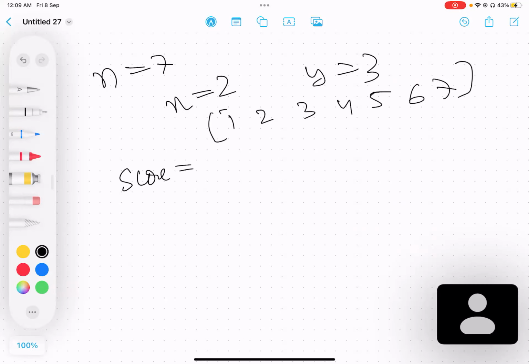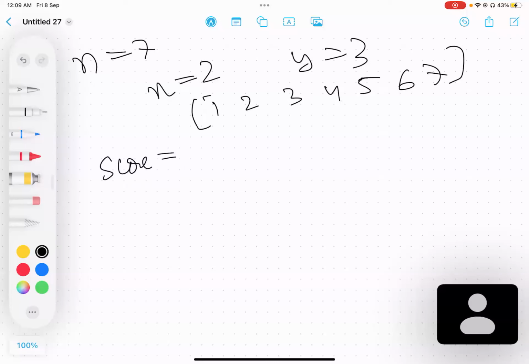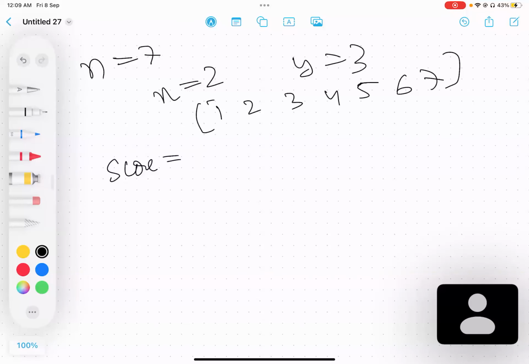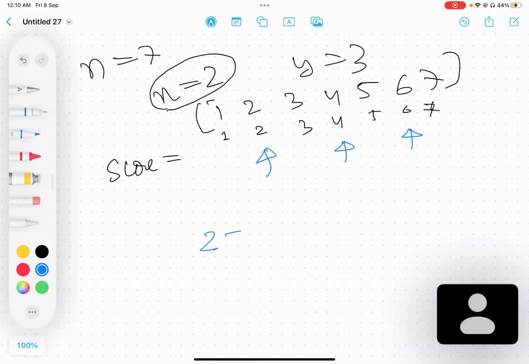So it is saying, all the indexes which are divisible by 2, you take the sum of their values. This is index 1, this is 2, this is 3, this is 4, this is 5, this is 6, and this is index 7. Which indexes are divisible by 2? This index, this index, and this index are divisible by 2. So you take the sum of those: 2 plus 4 plus 6.